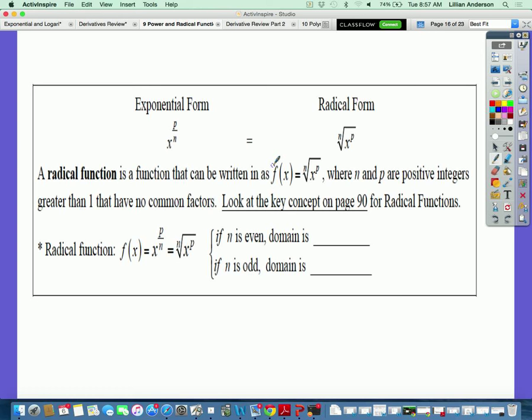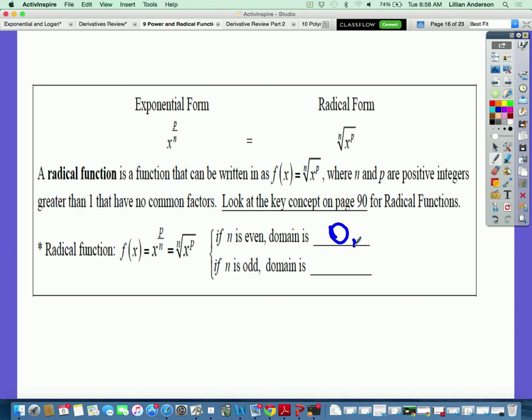Now realize that if n were 1, do we have anything as a first root? No. The smallest root that we can have is a 2, a square root. And you guys know they're not going to put a 2 to represent square root. It's just the square root symbol. All right, but cube root, fourth root, they'll put a small number as the index there. Okay? So we kind of already talked about this before. If n is even, if the denominator is even, what's going to be the domain?